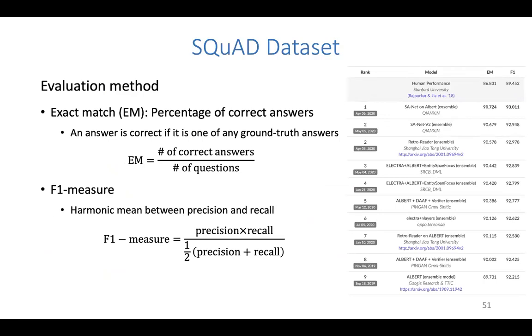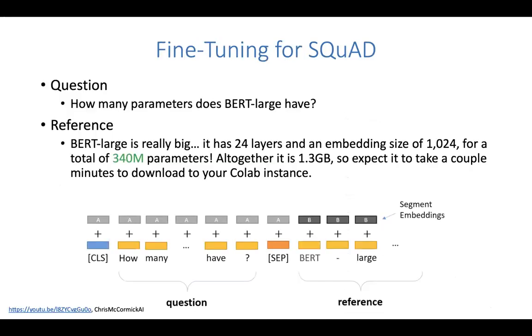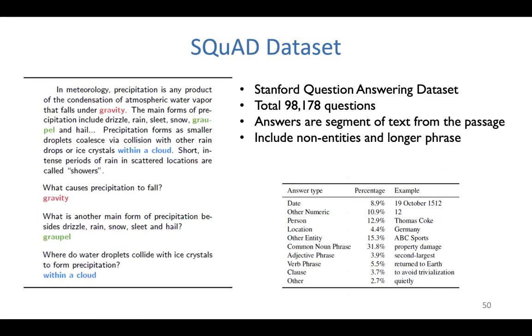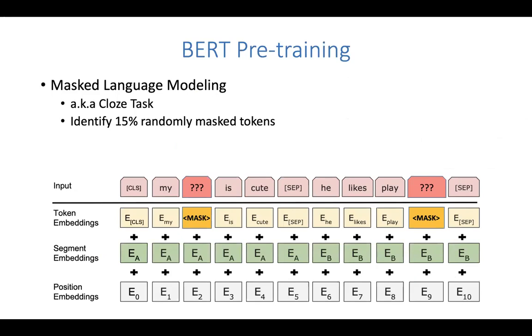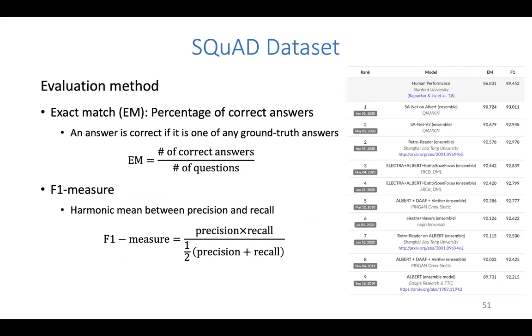And because of this, people tried to develop BERT for biomedical tasks. I forgot to mention how to fine-tune BERT for SQuAD. BERT is trained with two tasks: masked language modeling and next sentence prediction. So how do you fine-tune it for a specific task?